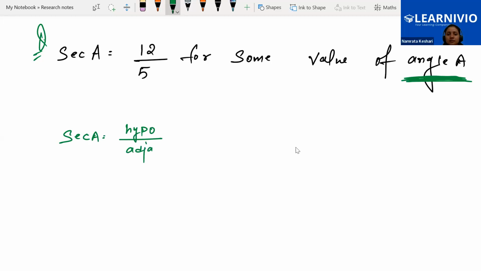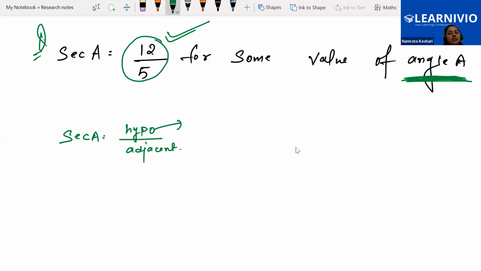Yes or no? That means base. Is it perpendicular, Aisha? What we have to check here? The numerator has to be bigger than the denominator because that is the hypotenuse. And here, is the numerator bigger than the denominator?